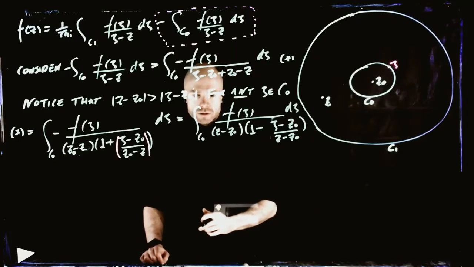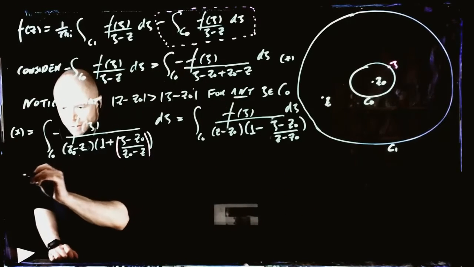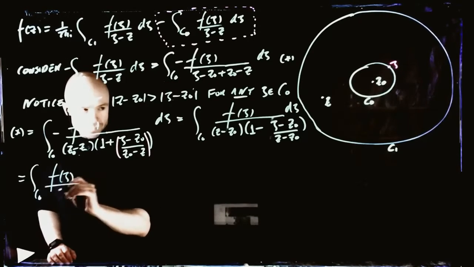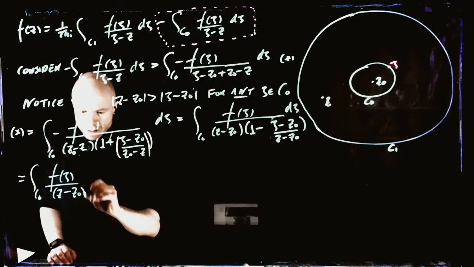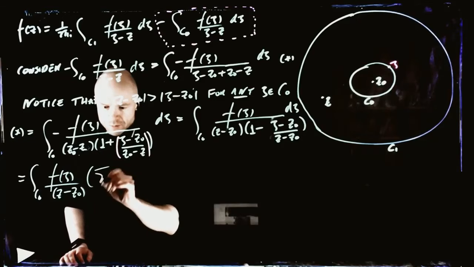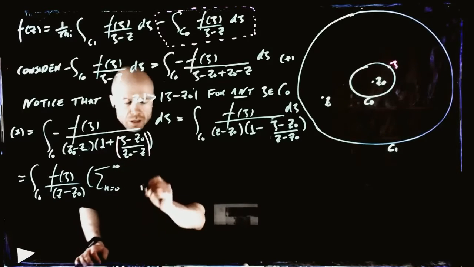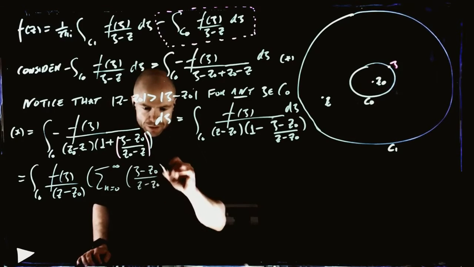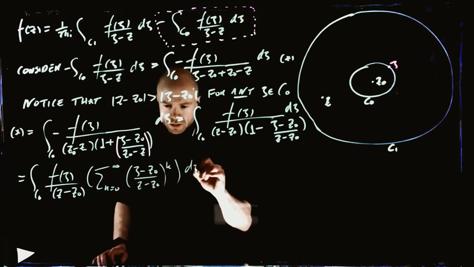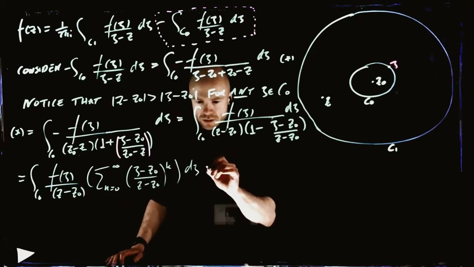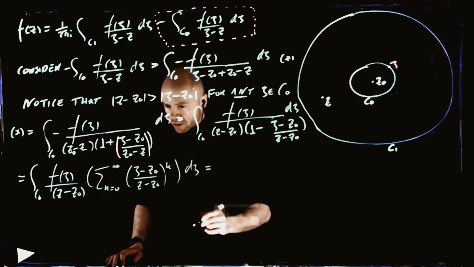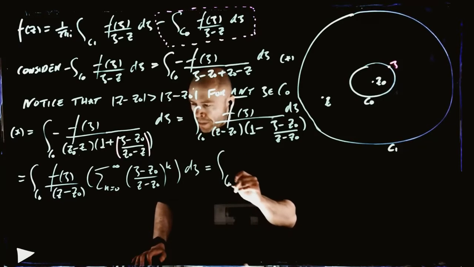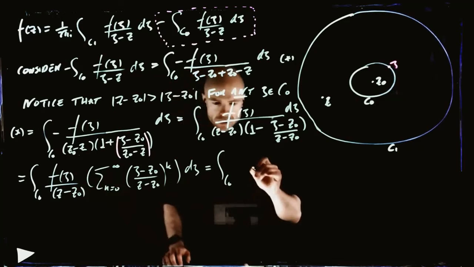Cool. And now we can do the geometric series expansion. So this is the integral around C0 of f of zeta over z minus z0. And what is this thing going to be? It's going to be the sum from k equals 0 to infinity of zeta minus z0 over z minus z0 to the power k, d zeta. And let's put all that stuff together. So what are we going to have? We are going to have the integral of this thing. Let's pull out the powers of z minus z0.